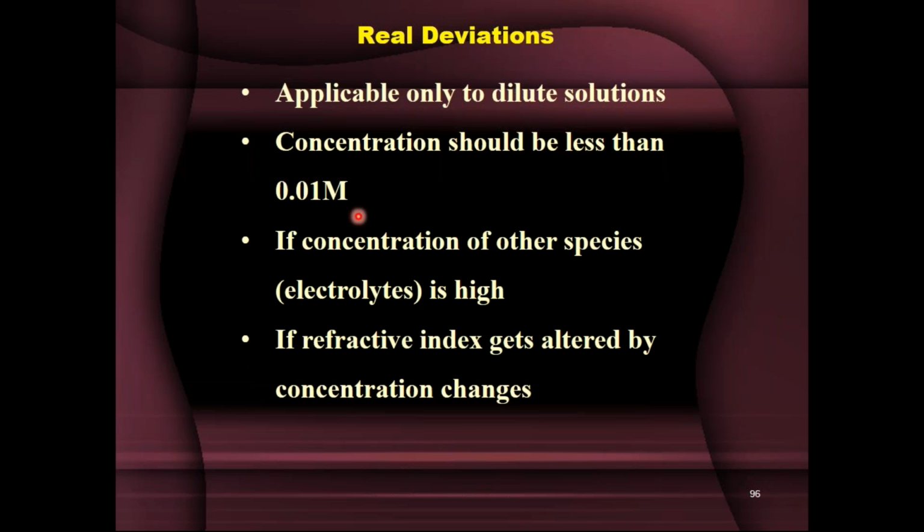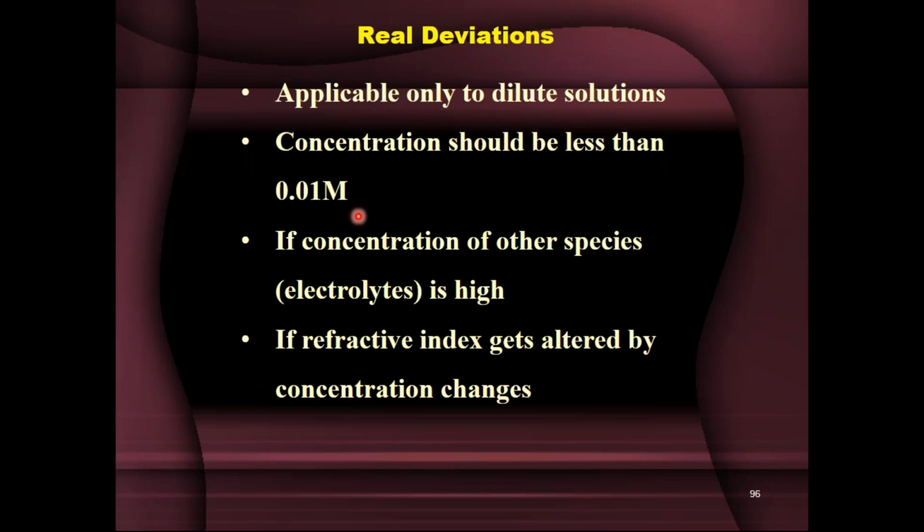That means there are more number of molecules. So the average distance between particles is reduced now in a more concentrated solution. If the average distance becomes so less that each particle affects the charge distribution of its neighbors, then you will get a deviation. And this happens when you go to concentrations greater than 0.01 molar.